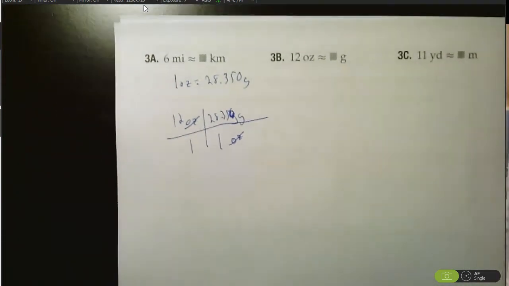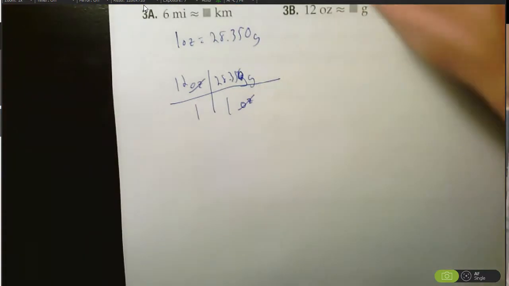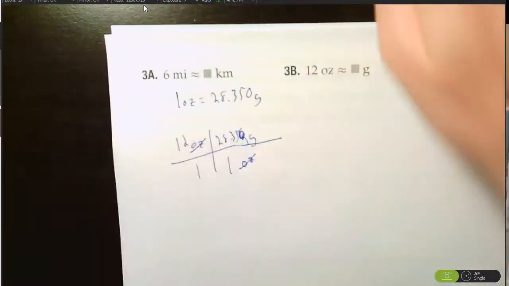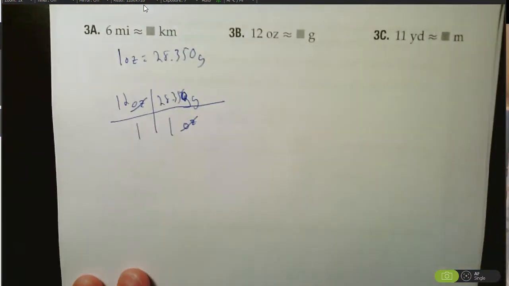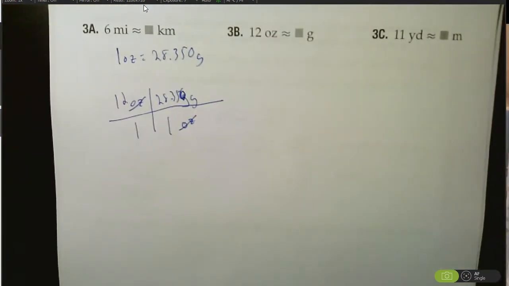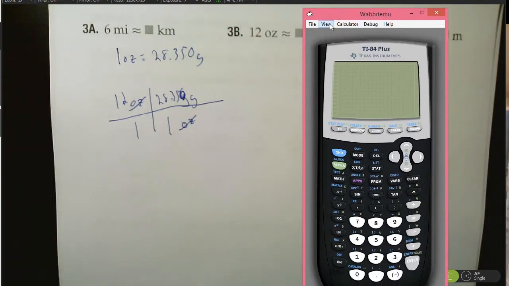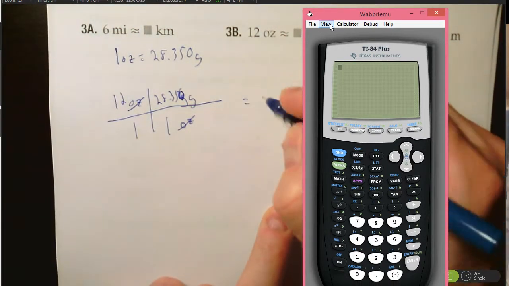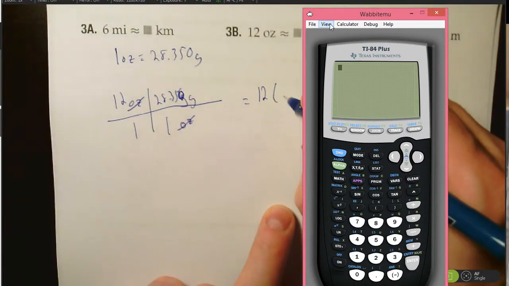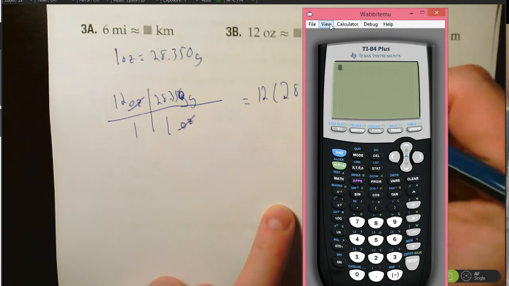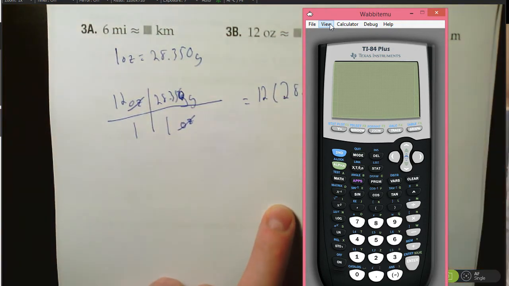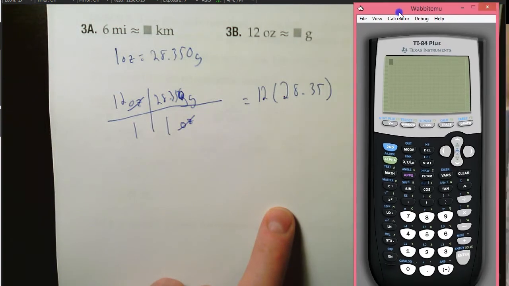Zoom that down a little bit there if you want a little bit bigger view on it. So yeah, 12 ounces times 28.350. So I'll pull up my calculator. What this is going to end up being is simply 12 times 28.35 in the end. 28.350 technically, but 28.35 works.